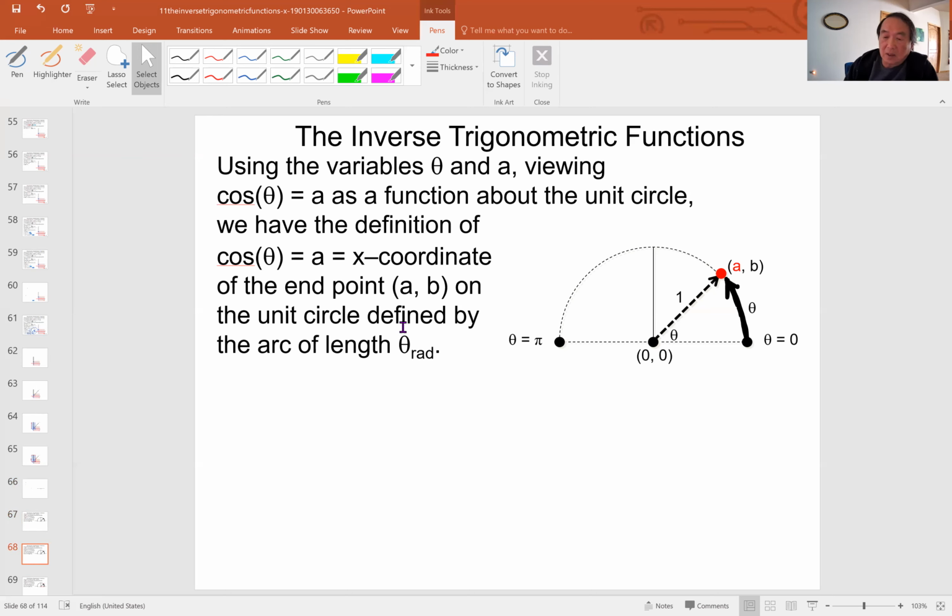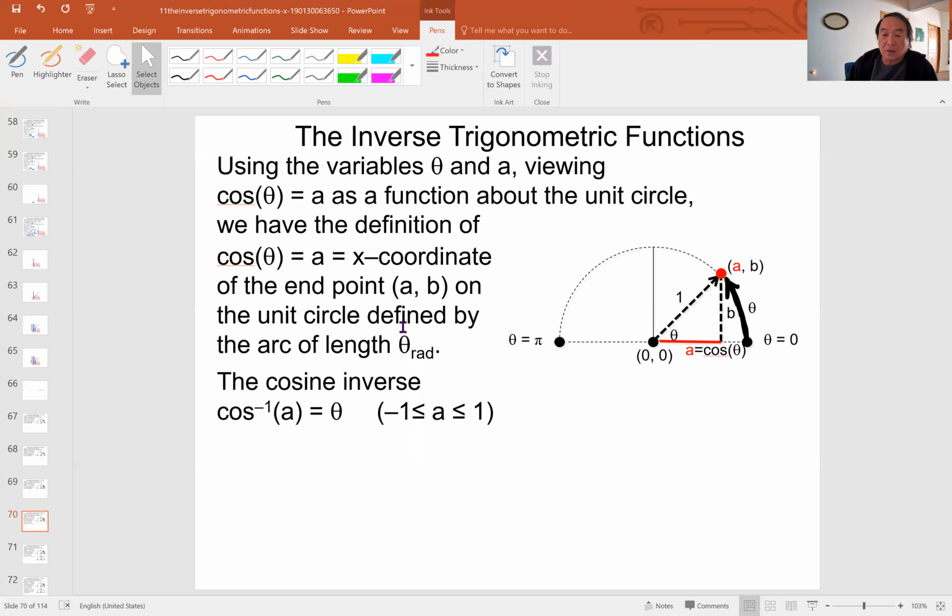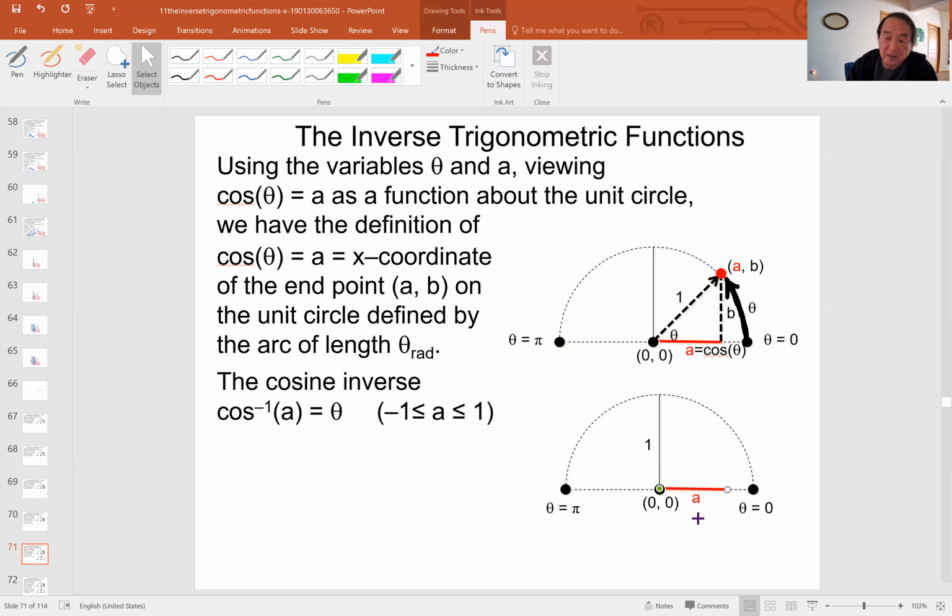Suppose A is cosine theta on the x-axis. Cosine inverse of the number A: if you give me an A, you locate it on the x-axis. If A is positive, it's on the right-hand side. If A is negative, it's on the left-hand side. Right now it's on the positive side.